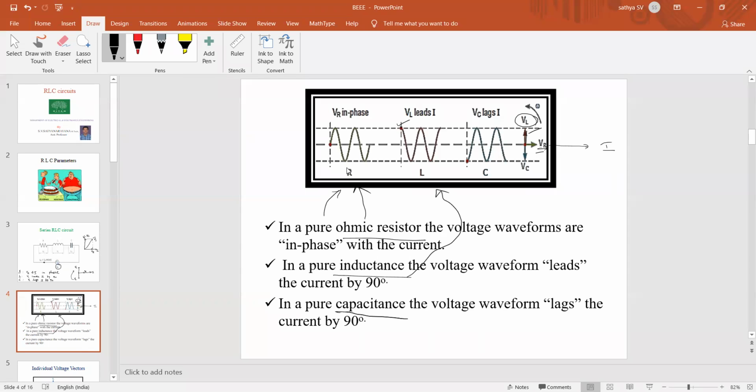And in pure capacitance, pure in the sense it should be 90 degrees. If it is not mentioned as pure, then it will be some angle phi, not 90, if it is not a pure one. So in a pure capacitance, the voltage always lags the current by 90 degrees. Lags in the sense that it starts at the negative j omega axis. Clear? Do you understand the sinusoidal representation?